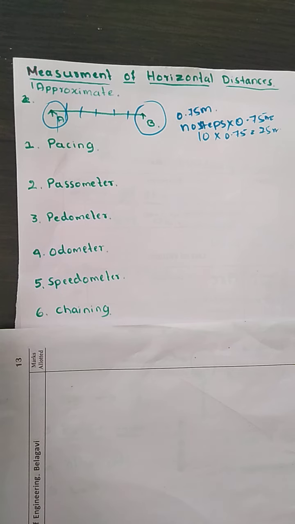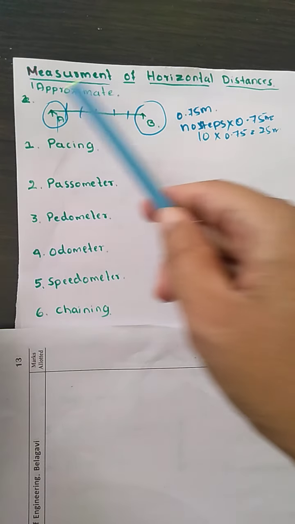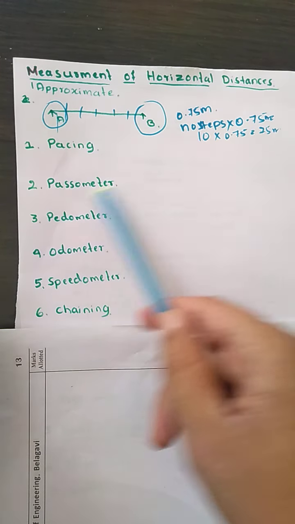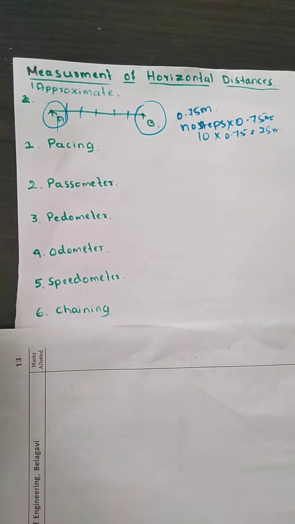Thus, the problem of counting is eliminated. We put the instrument in the pocket, and after we travel some distance, it gives the distance automatically.